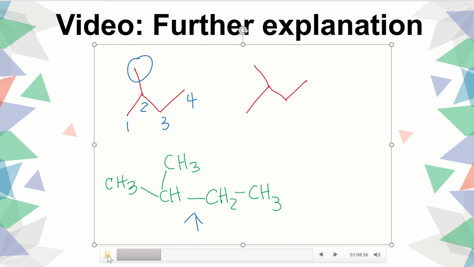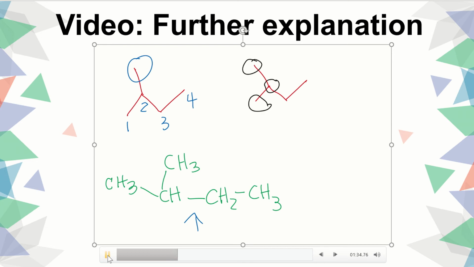Alright, so we have our 1, 2, 3, 4 carbons, and we have the methyl at position 2. What we must appreciate is that at every junction there is a carbon. At the end, we have a carbon here, we have a carbon here.